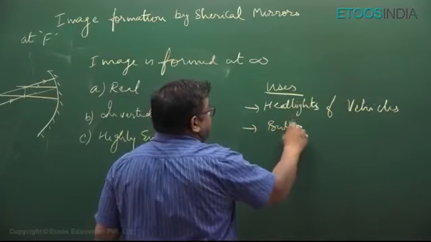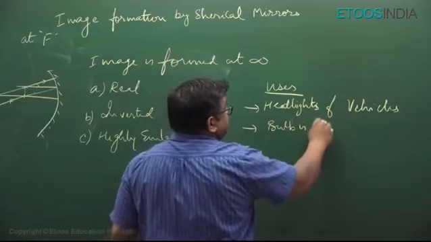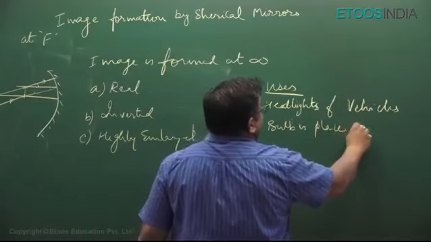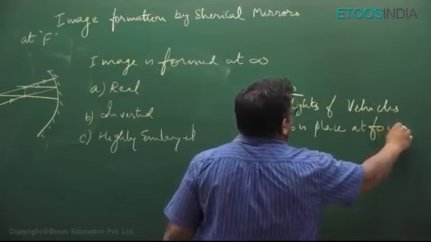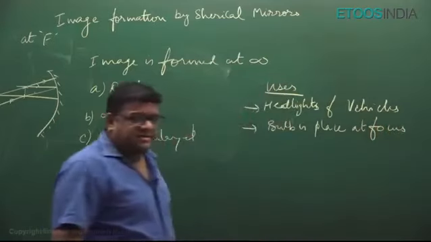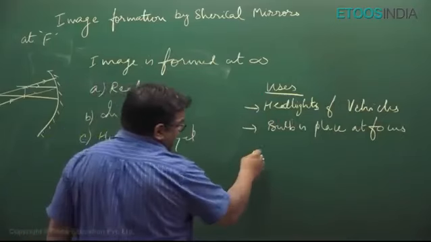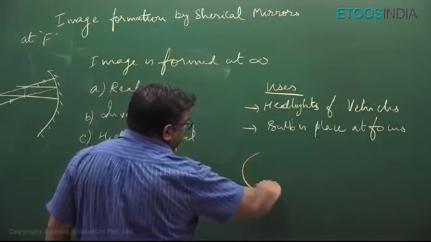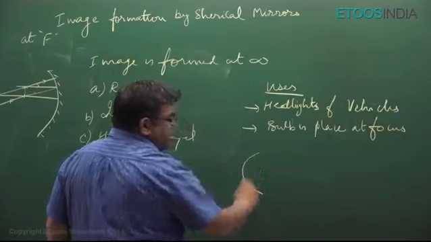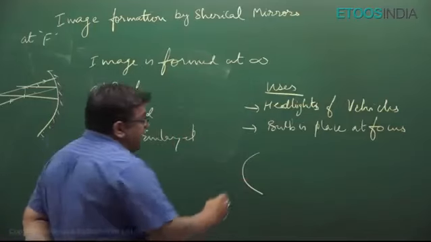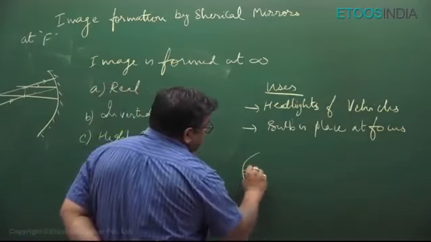You must have seen in headlights, when we open the headlight, it has a curved surface which is polished and appears like a mirror. The bulb is placed at this point.